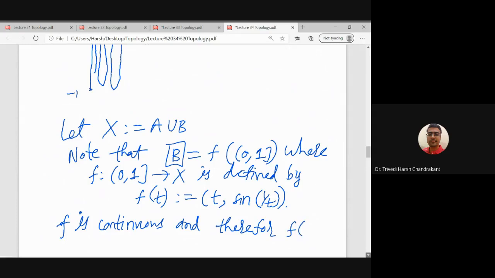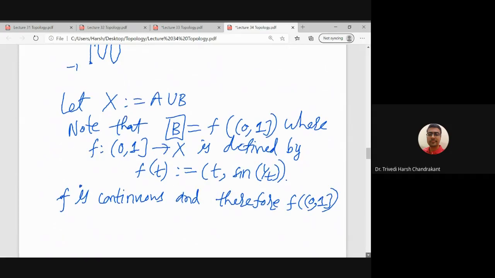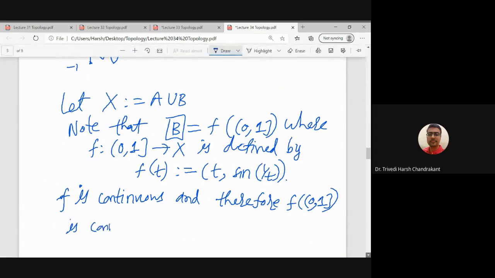the continuous image of a connected space is connected, therefore this set is connected. And what is this set?